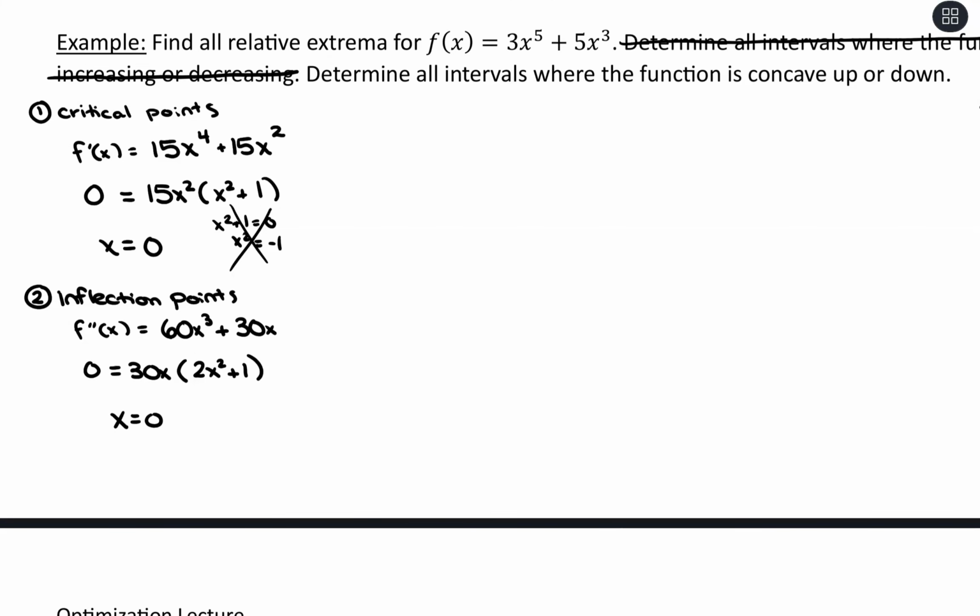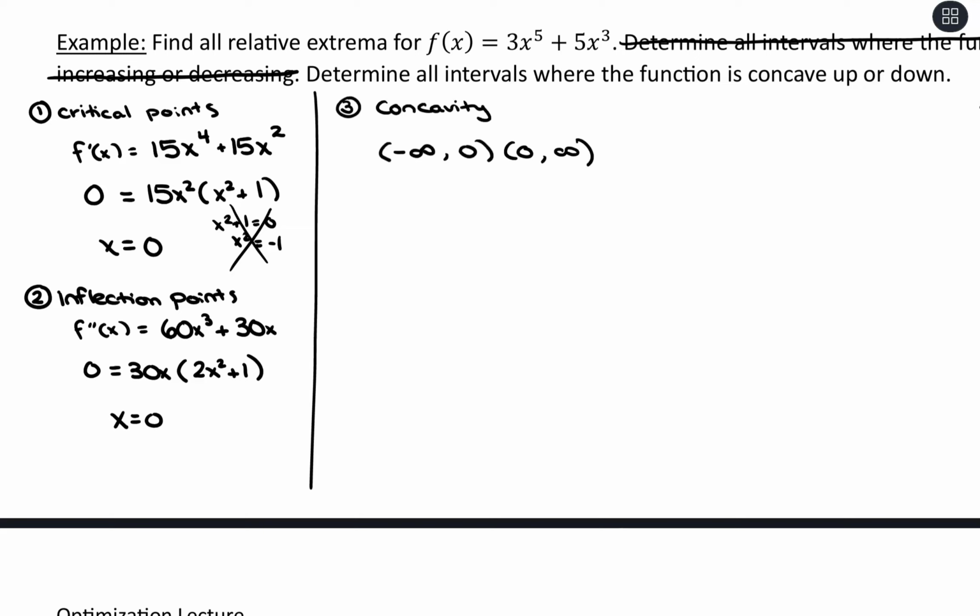Okay, so using the inflection point of x equals 0, let's see what's happening with our intervals. So we're making a concavity table, and our only dividing value is 0, so we're going to go from negative infinity to 0, and then 0 to infinity. And we are going to evaluate the second derivative at, how about negative 1, and how about positive 1?